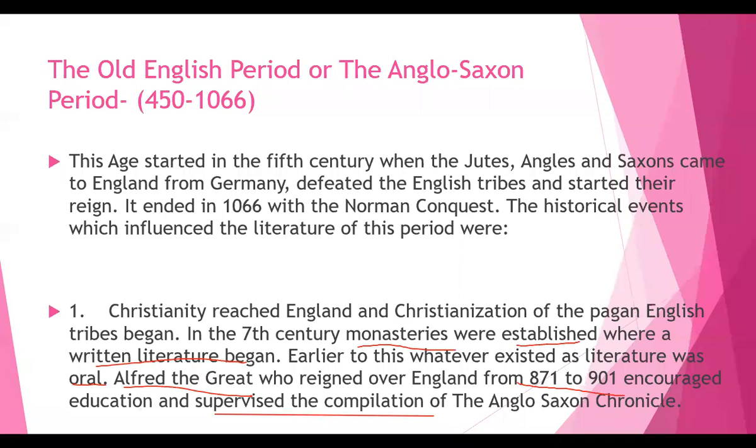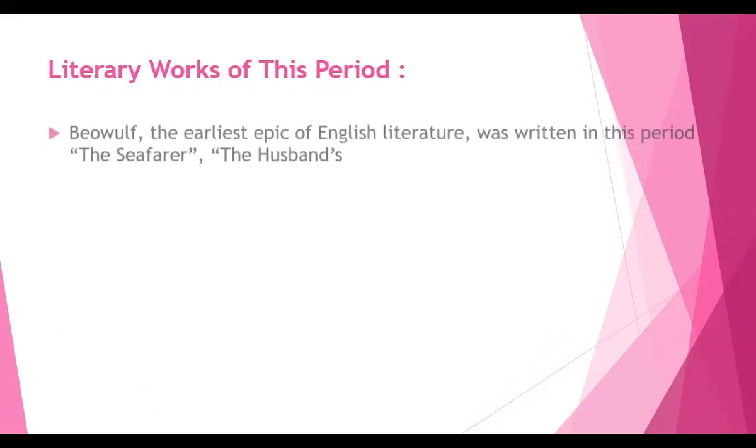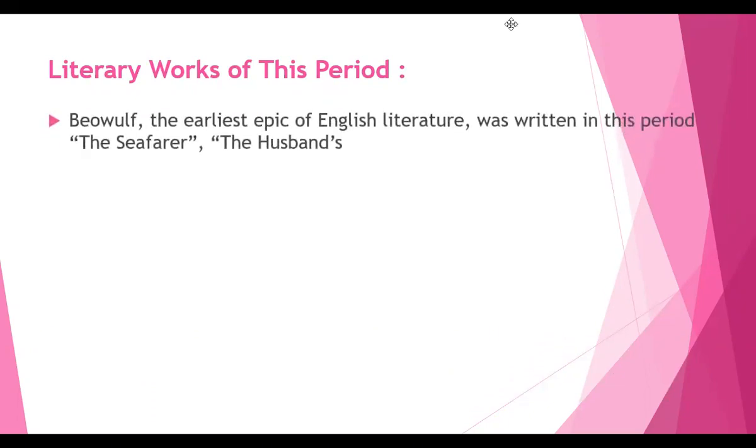Coming to the next one, let us see some of the important elements or features of this Anglo-Saxon period or Old English period. So what were the literary works of this period? Beowulf, the earliest epic of English literature, was written in this period.